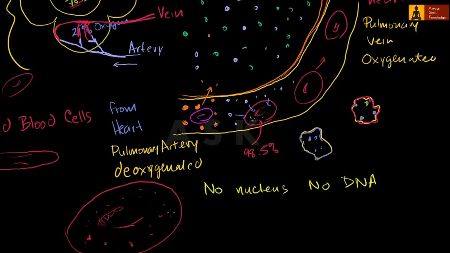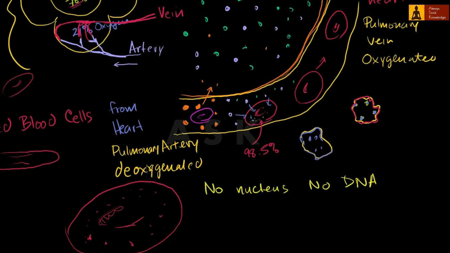I was like, well, why is it a cell? Is it really even a living thing? And it turns out when it's growing, it does have a nucleus. All cells need a nucleus with DNA in order to generate the proteins that build it up, in order to exist and structurally make itself the way it needs to be made. But the whole point of a red blood cell is to contain as much hemoglobin as possible.